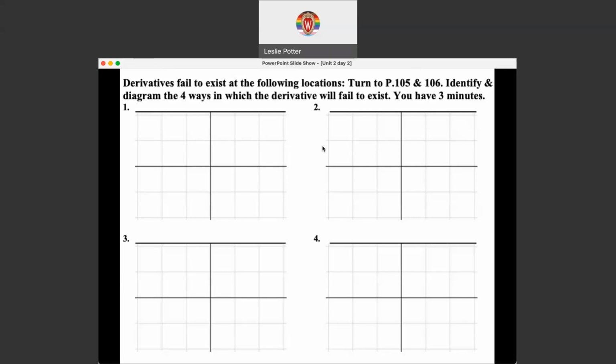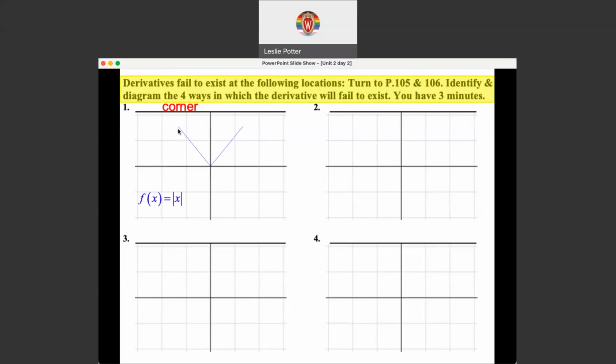So I'm going to go through these 4 situations in which the derivative fails to exist. The first situation where the derivative fails to exist is a corner. Absolute value functions are a perfect example of this because they have corners. They have pointy points, like I like to call them. When I say derivative, you think slope.